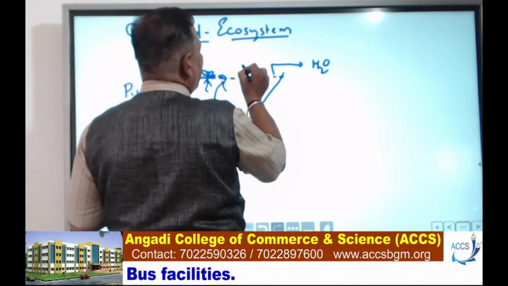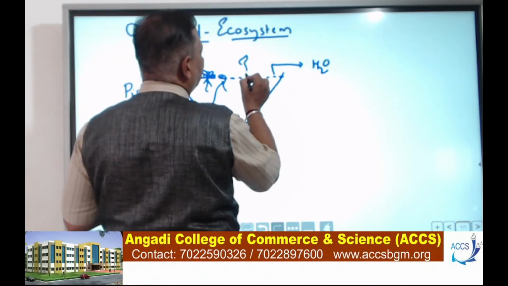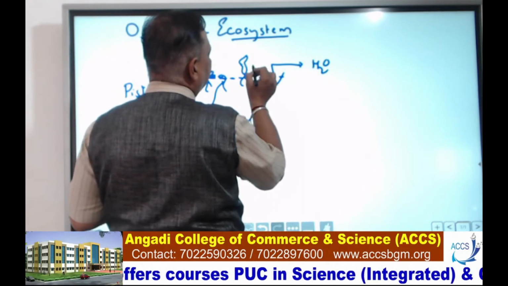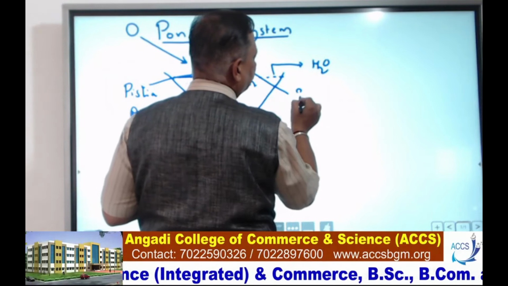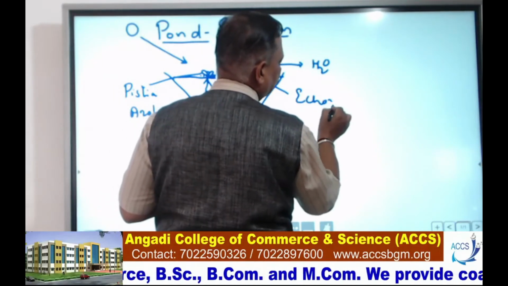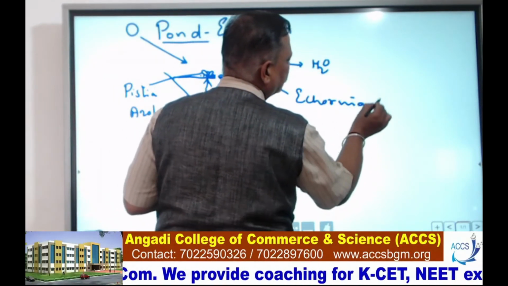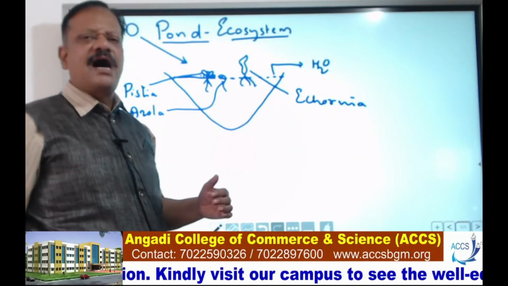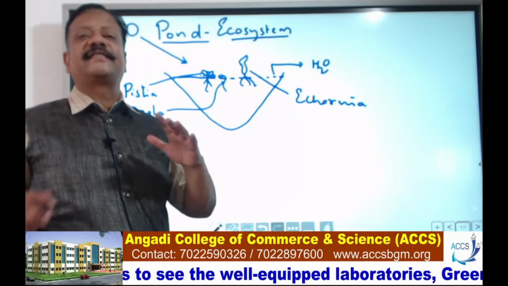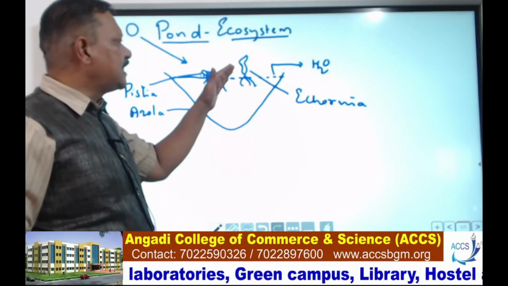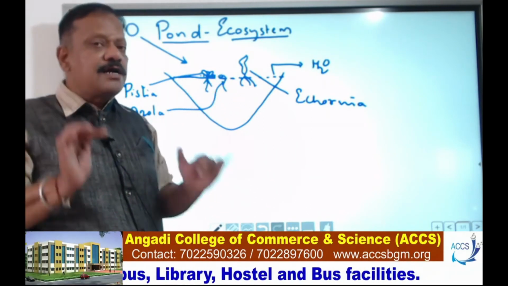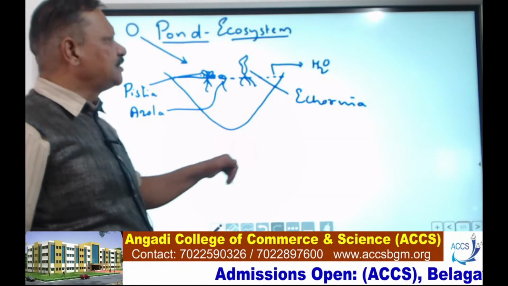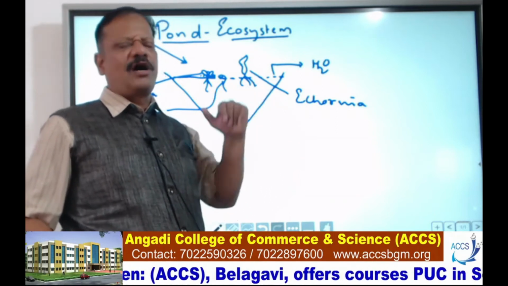Then you can take an example of eichhornia. These are a few examples I have given. They are freely floating on the surface of the water. These are green plants undergoing photosynthesis. The examples taken are pistia, azolla, eichhornia, and so on.